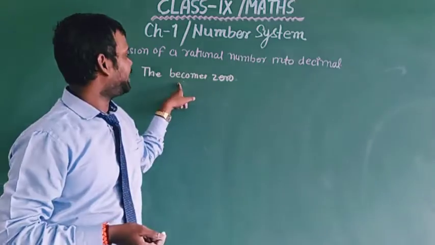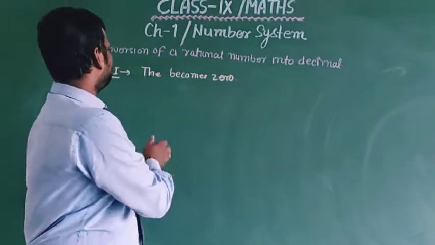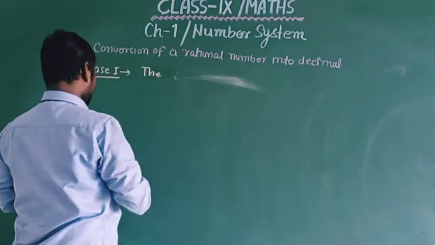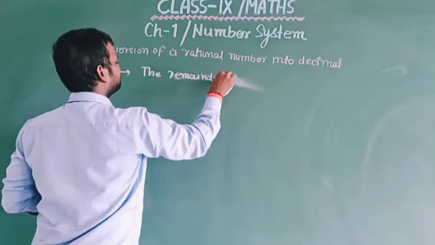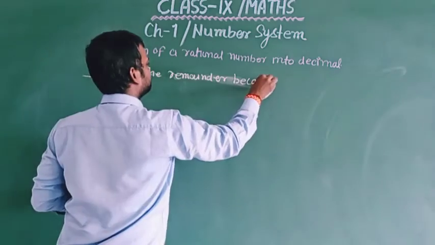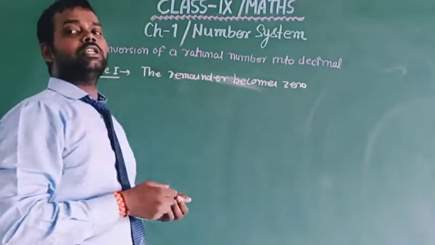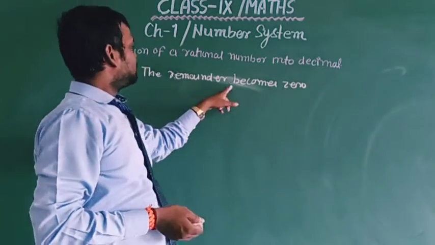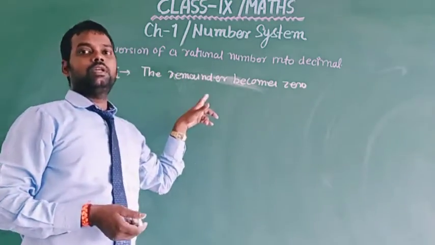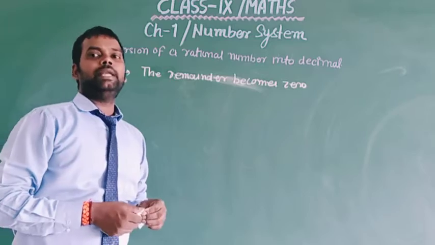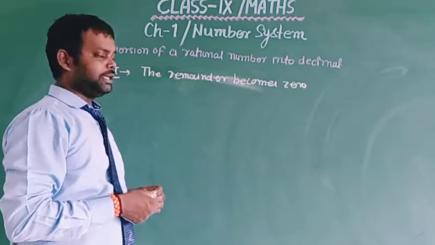Children, if the remainder becomes 0, then the rational number is called terminating. Such a rational number is called terminating.